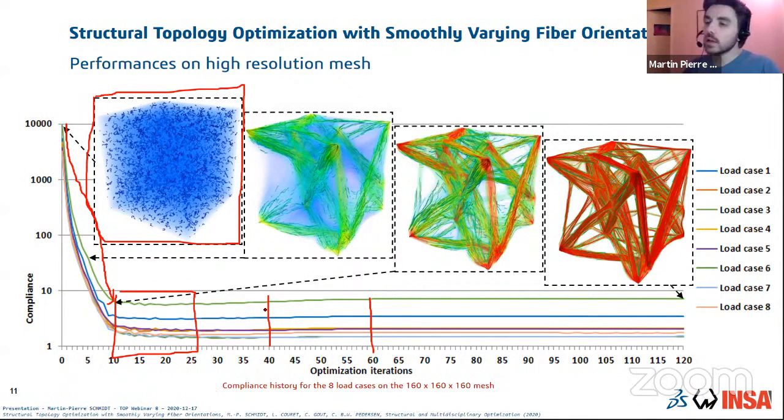So basically, this is also something we notice in most other optimization cases, even though it's not necessarily as visible. When you get to this point around iteration 25, 30, you have the lowest compliances, but the material orientations are not necessarily as smooth as they could be.